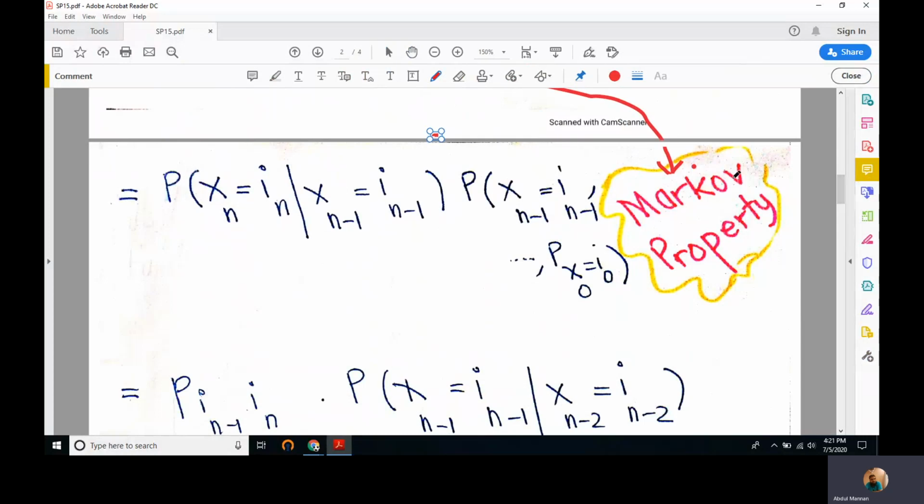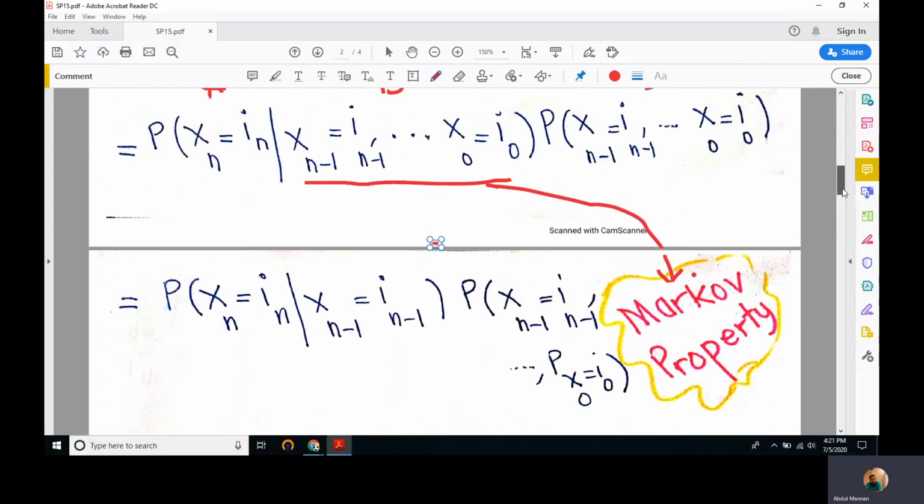So applying the Markov property, this whole term can be written as this, only this, and all these terms are neglected because the probability of this event isn't dependent on these far past events.